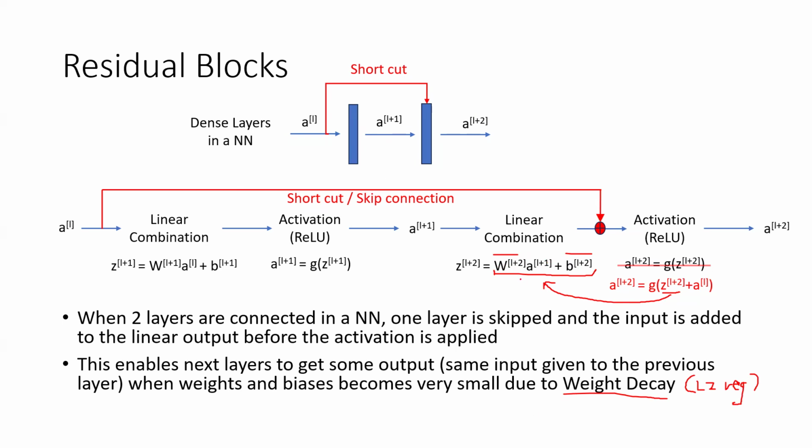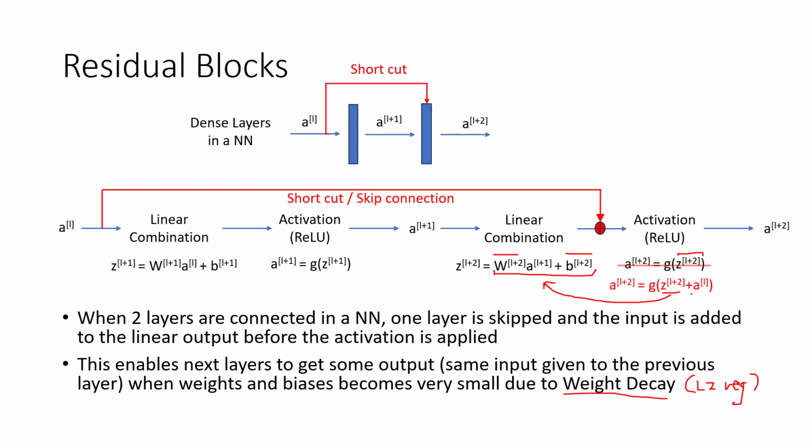So if only this L plus 2 was there, what happens is if W and B are going to 0, this ZL plus 2 would be going to 0, right? So this AL plus 2 would also go to 0.